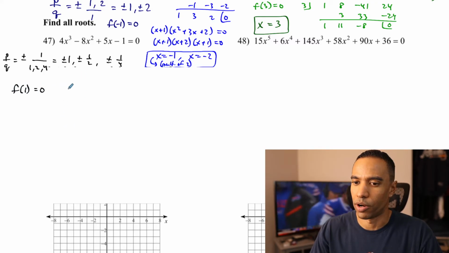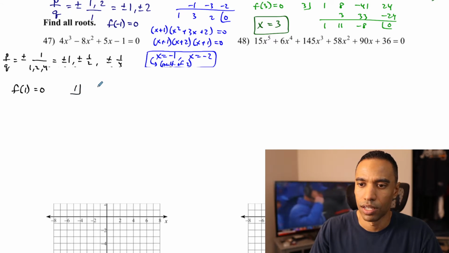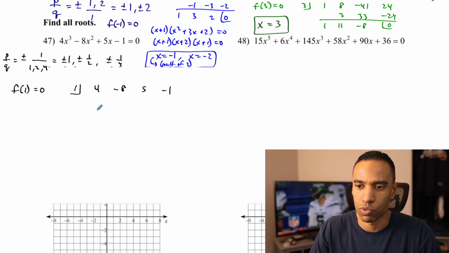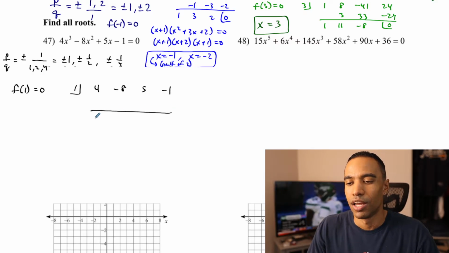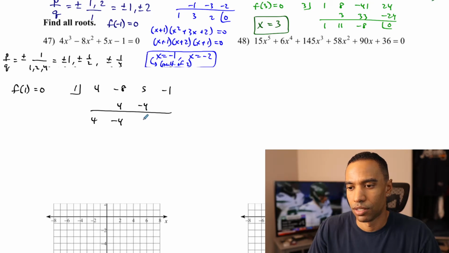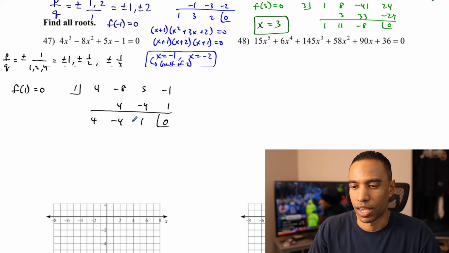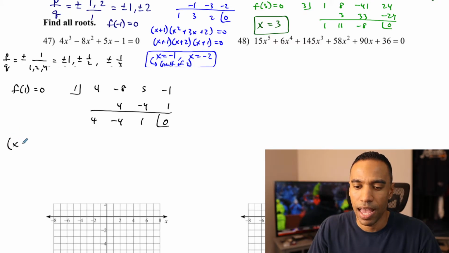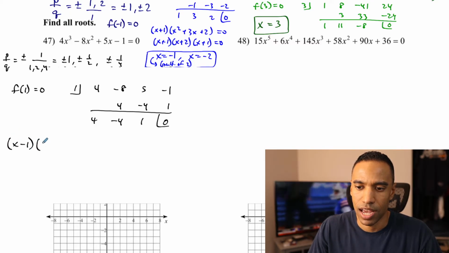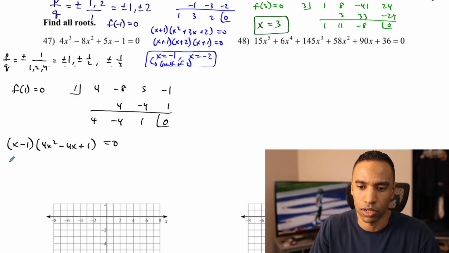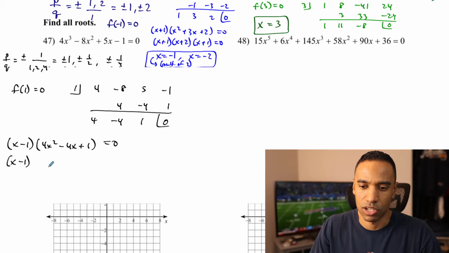F of 1 is 0, so let's use 1, and we get 4x cubed, 4. Okay, and this looks like a perfect square trinomial here. So this is x minus 1 times 4x squared minus 4x plus 1 equals 0. This guy actually does factor.